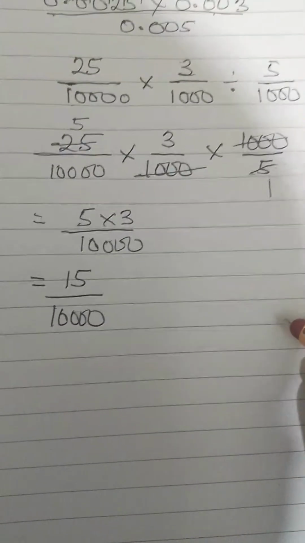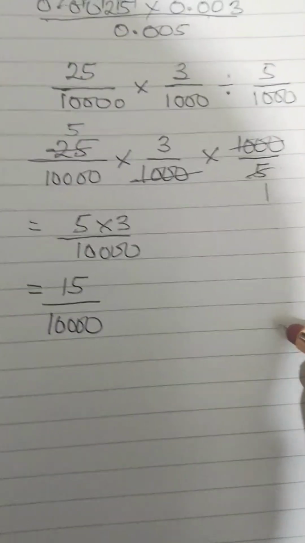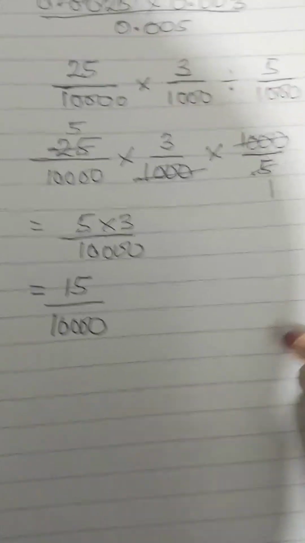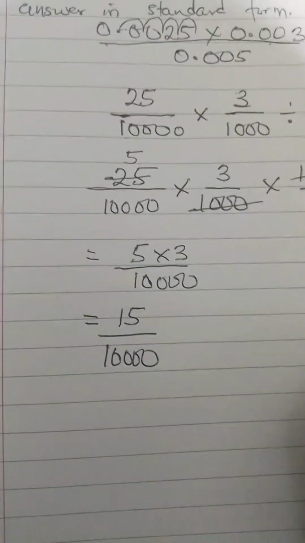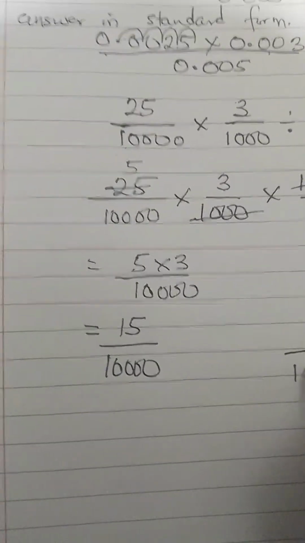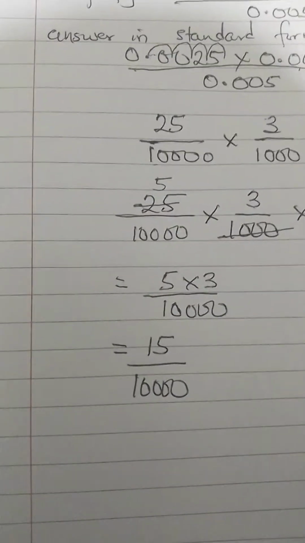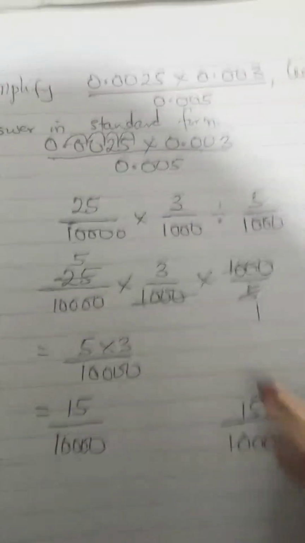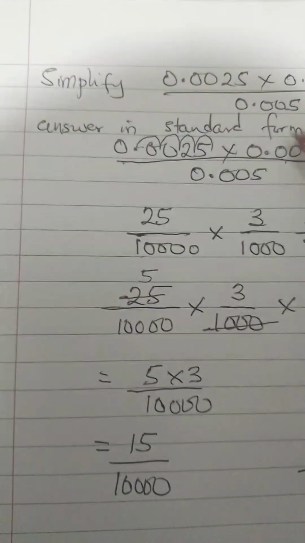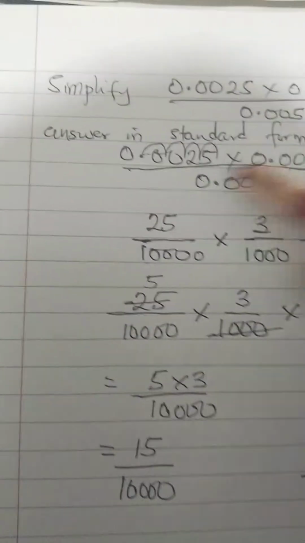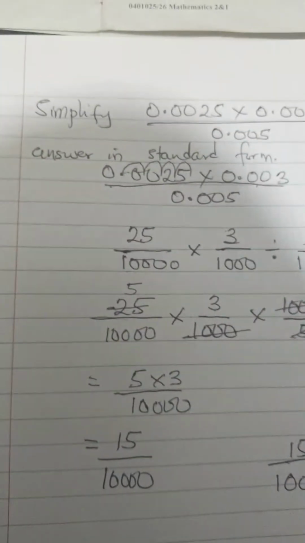Right. So you need to change this to decimals. To change 15 on 10,000 to decimals, we are going to shift the point backwards because we are dividing. Remember from the beginning I told you that if you want to change decimals to fraction, shift the decimal point forward, then you divide by 1 and the number of zeros.